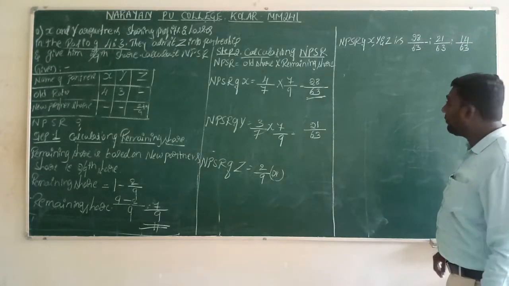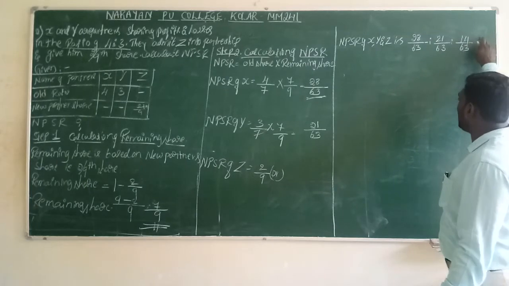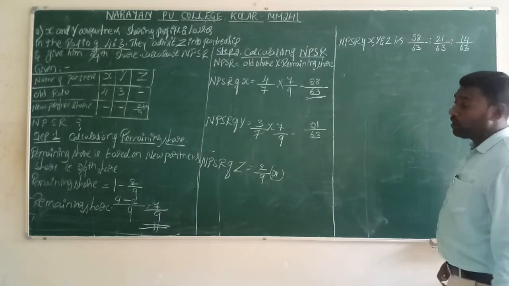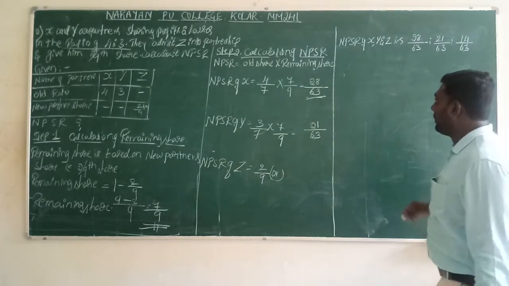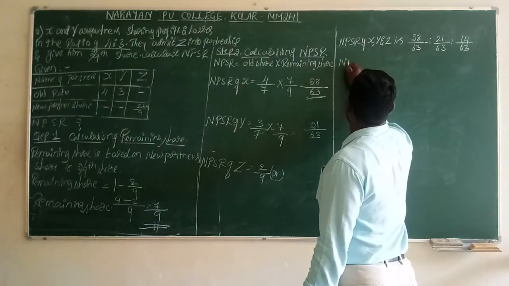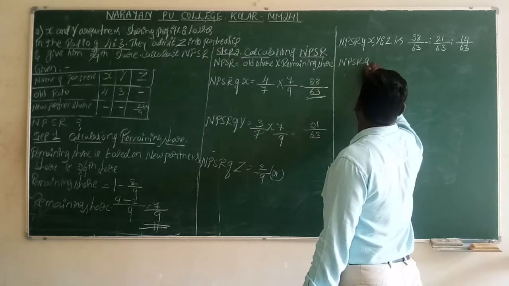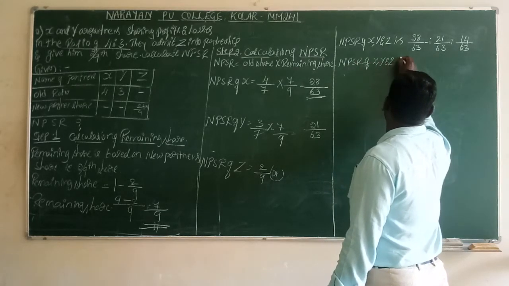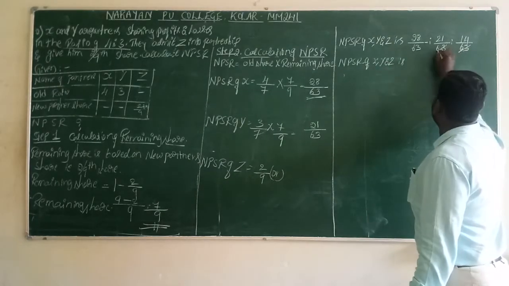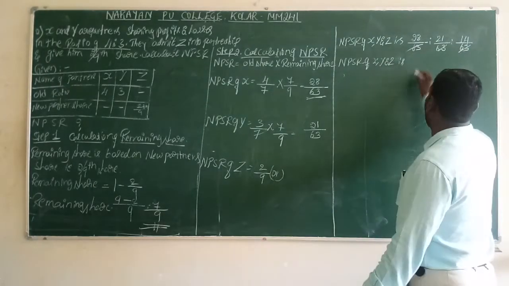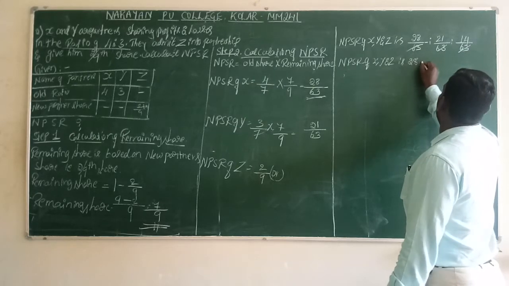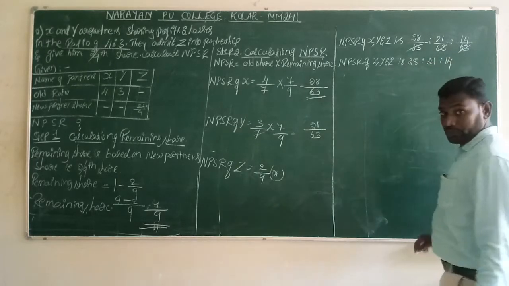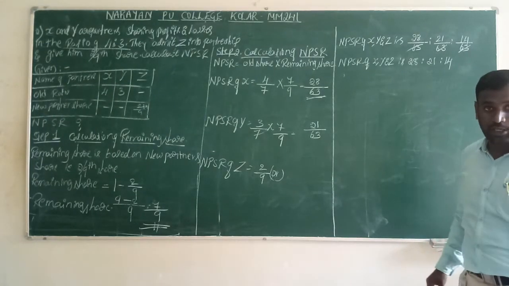By adding these 3 we get the equal denominator value. Therefore NPSR of X, Y and Z, cancelling the 63, is 28 is to 21 is to 14. This will be considered as the new profit sharing ratio.